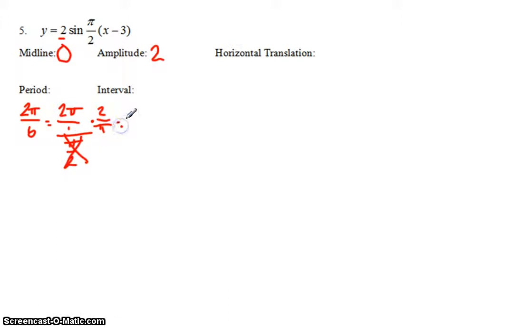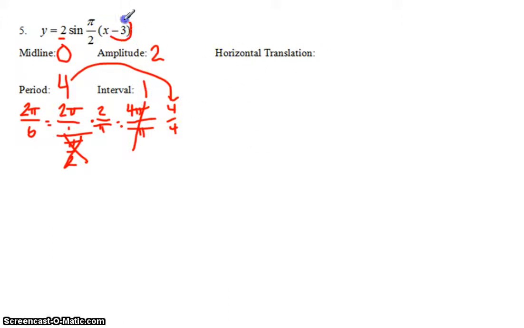And then I'm going to get 4 pi over pi, which is going to equal 4. And then my interval is going to be 4 divided by 4. So I'm going to take my period, divide it by 4, and I get 1.